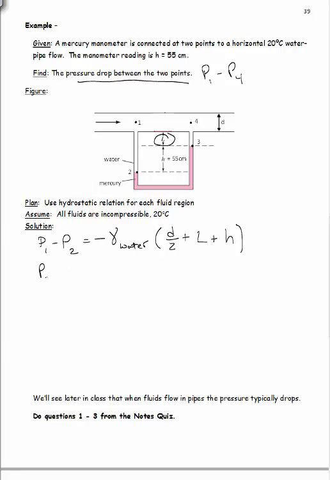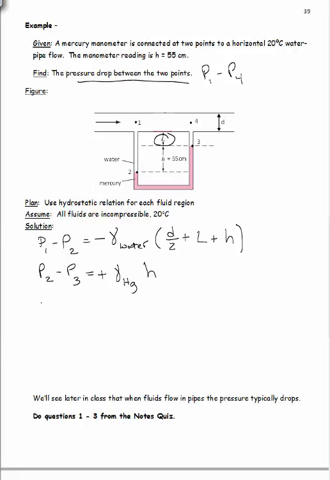All right, let's do 2 to 3. Okay, this is mercury. The fluid between 2 and 3, mercury, symbol Hg. And the distance is just h. Okay, 2 is at a bigger depth than 3. So therefore 2 minus 3 must be positive.